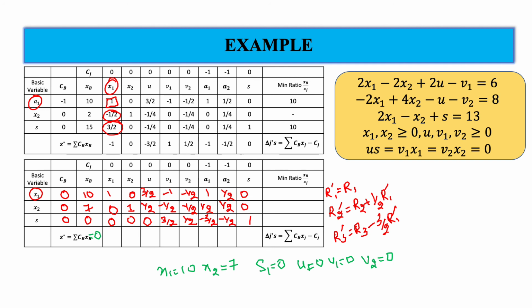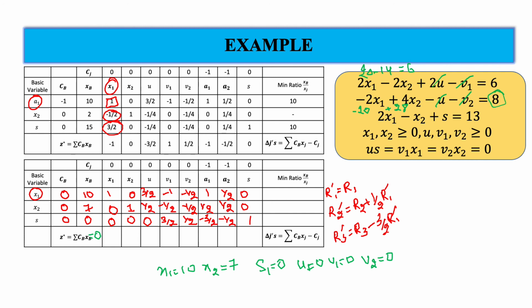If you put x1 equals 10 and x2 equals 7, this is 0, this is 0, 20 minus 14 gives you 6, which equals 6. Similarly here it is minus 20 plus 28, this is 0, and this equals 8.